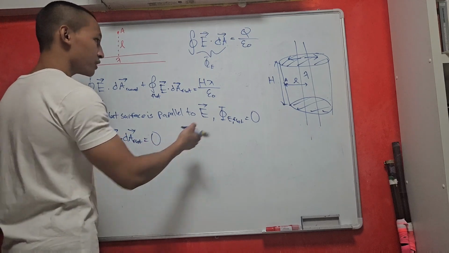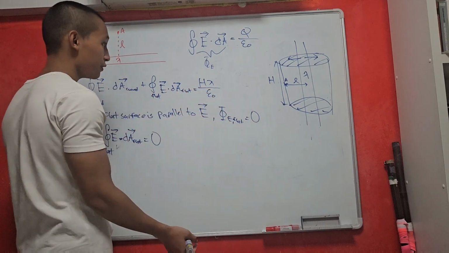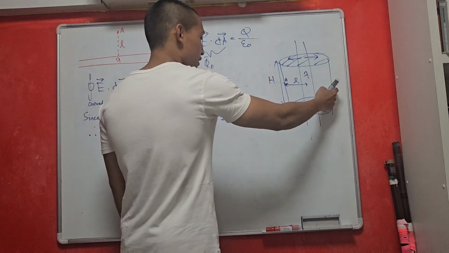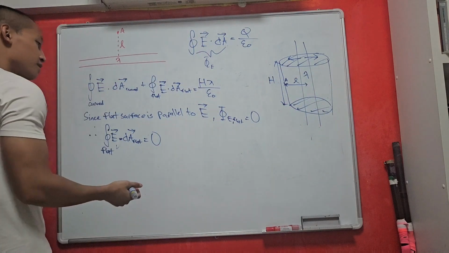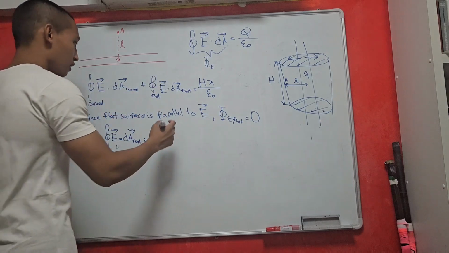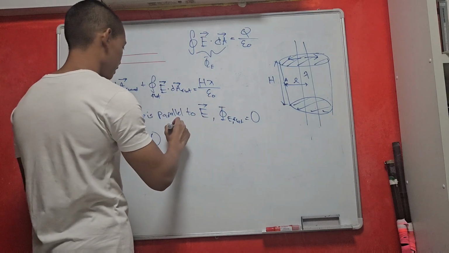And also, because the electric field is constant everywhere at the edges of the curved surface, I can convert this into a scalar quantity.